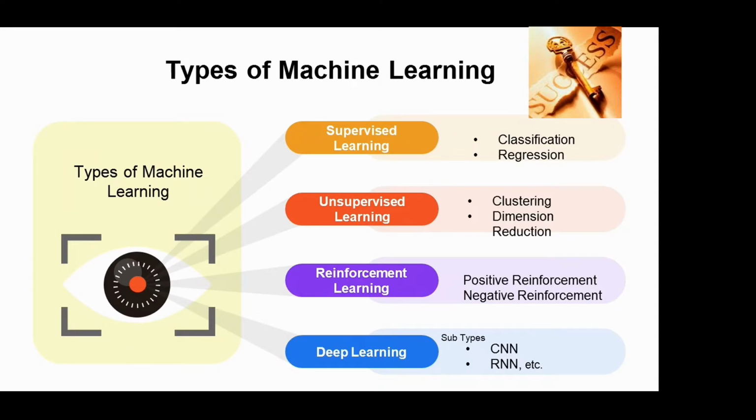Then the second is unsupervised learning. In unsupervised learning, there are different applications. The first application of unsupervised learning is clustering. Suppose we have millions of records or millions of data, and to perform clustering we have to define the ranges of data, and we want to put similar types of items in one cluster.